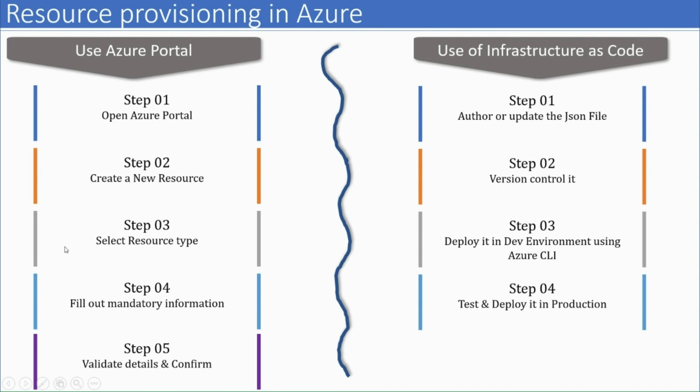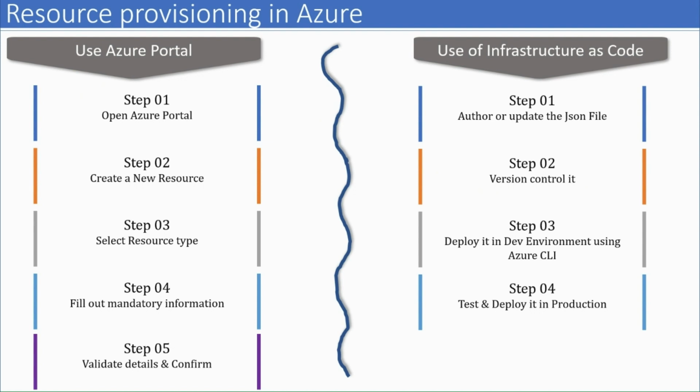And upon creating a resource in an environment, you can capture the scripts, that is IaC, of the steps that you used to create that resource in a deployed environment. So from there, you can develop an infrastructure as code. You can pick up that deployment script which is in the JSON file format. You can version control it using a version control system.